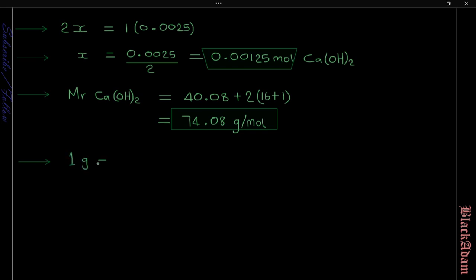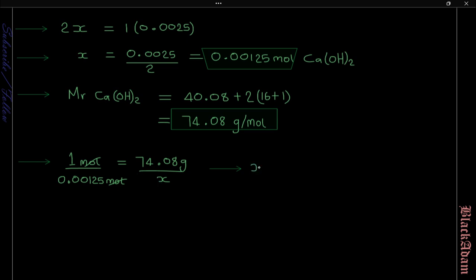So we know that 1 gram, no, actually it's 1 mole, not 1 gram. So we know that 1 mole is equals to 74.08 gram, and then when we have 0.00125 mole, the mole cancels, that will give us x.